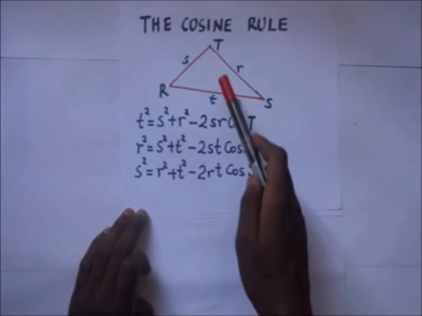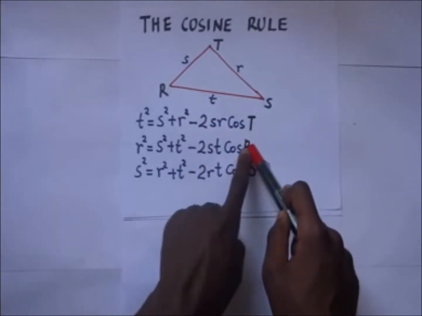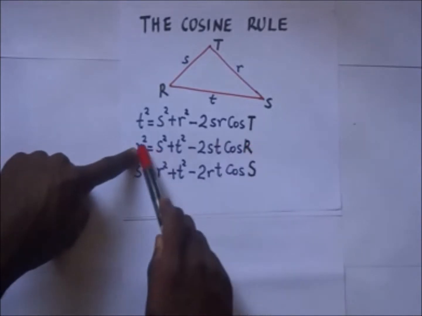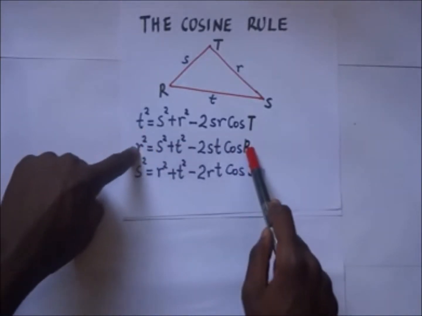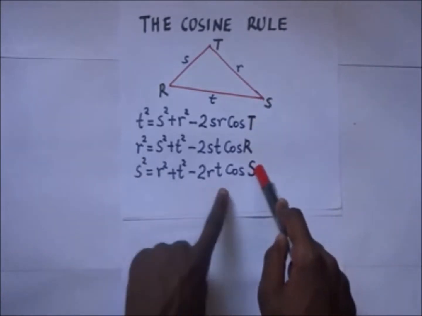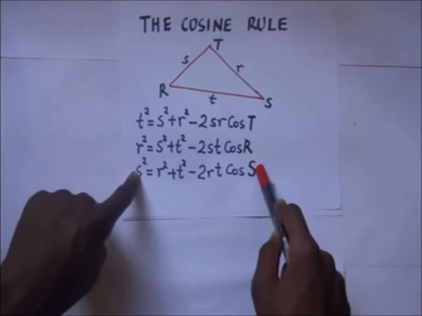Angle r is what we began with, side r as r squared. Likewise for angle s, we began with small s, the length.